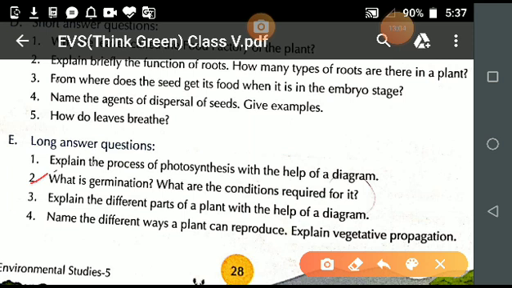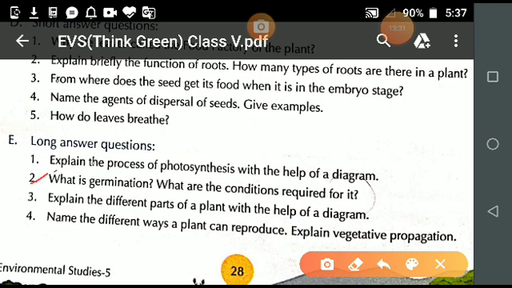The process by which a seed grows into a baby plant is called germination.